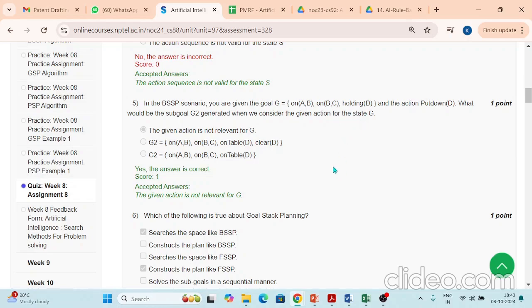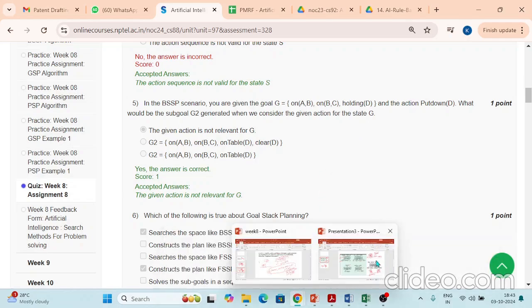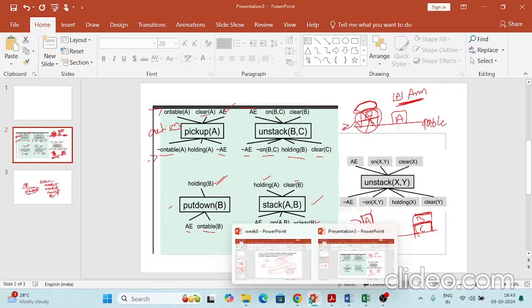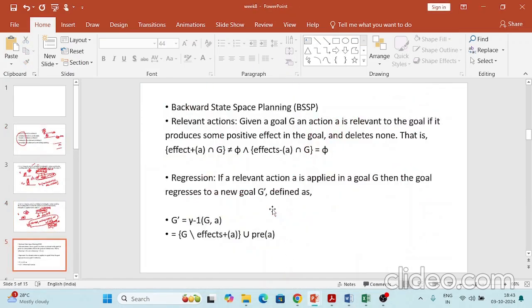We are coming in the reverse way. We're having the backward state space planning. So what are the relevant actions? Here we will come across words like relevant actions and regression.